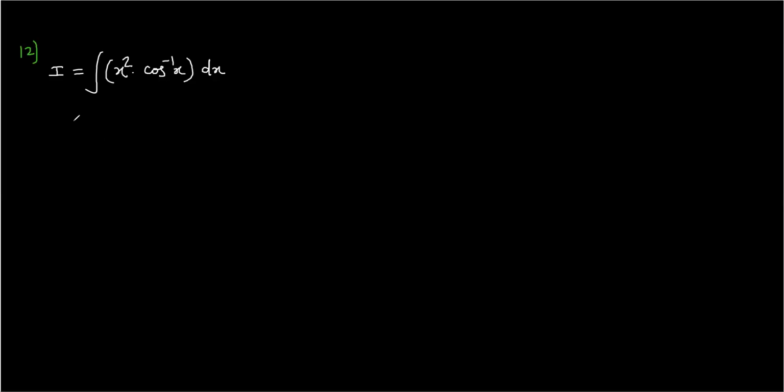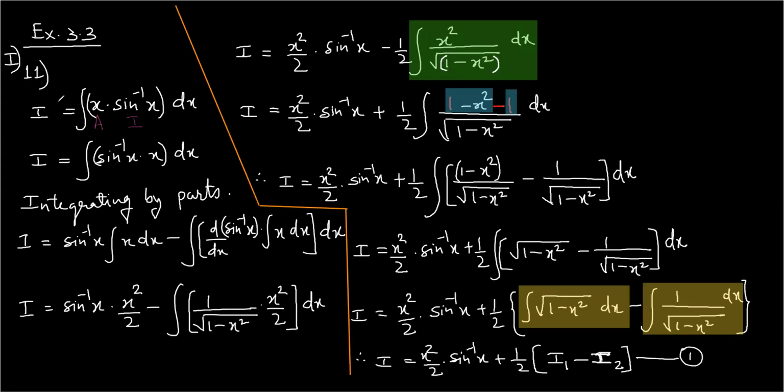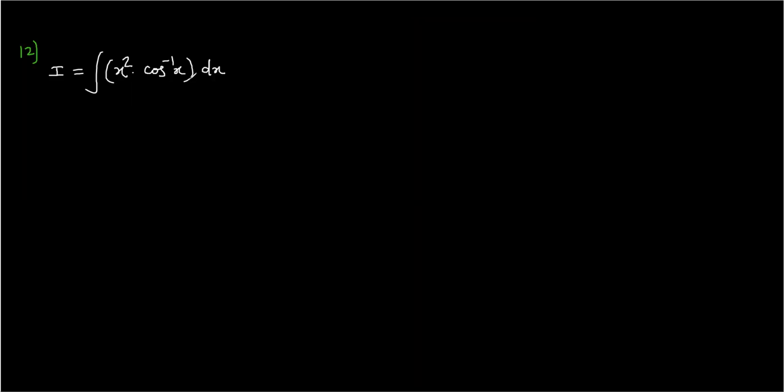So as I solved for you the problem by using integration by parts, x into sine inverse x, you all can practice this problem on your own, which is x square into cos inverse x. Once again, what you will do first is change the order, because cos inverse x is an inverse trigonometric function, and x square is an algebraic function.